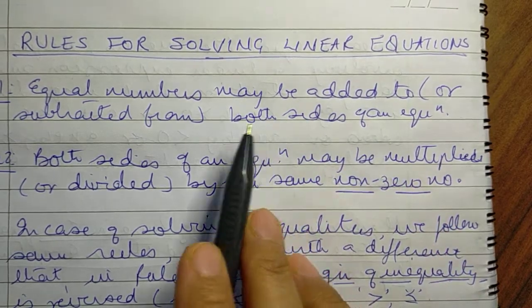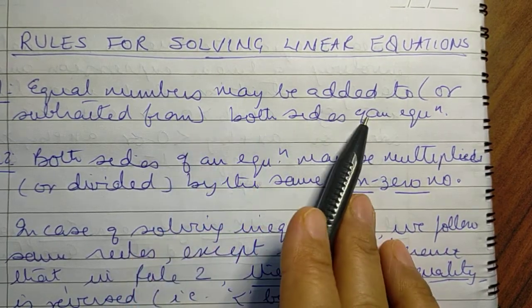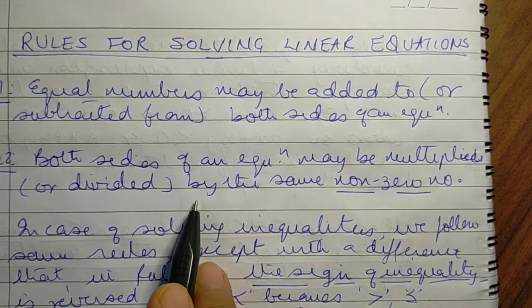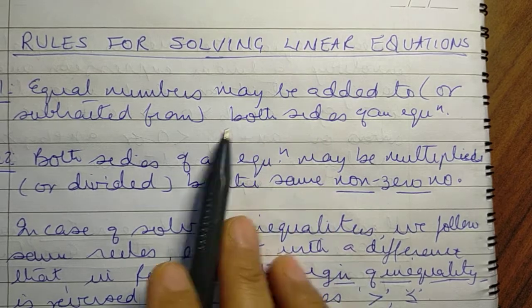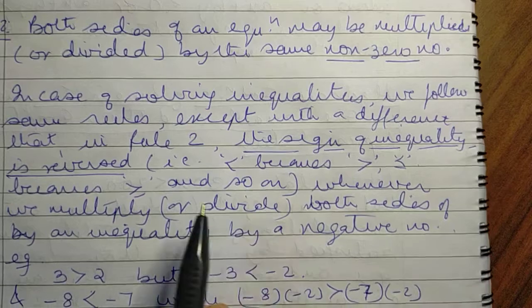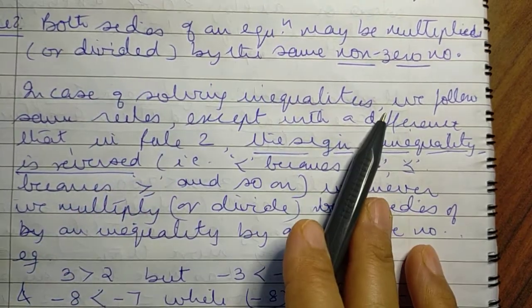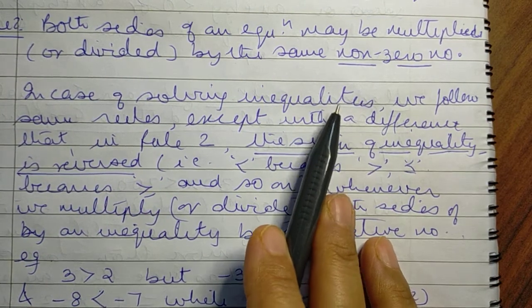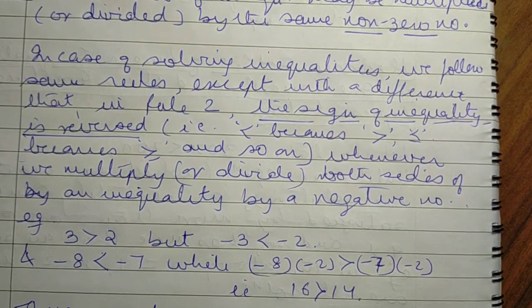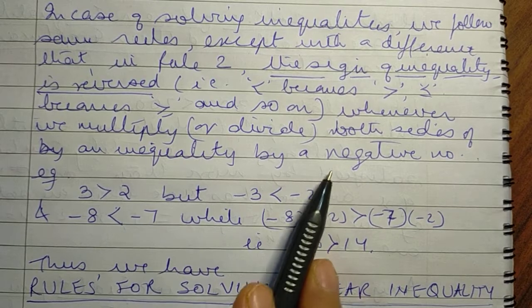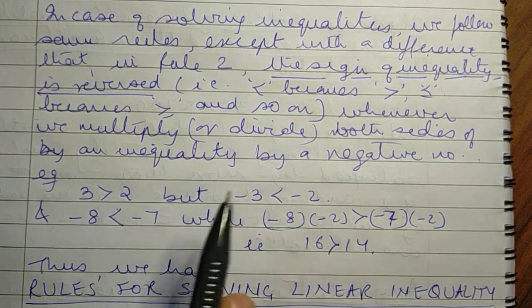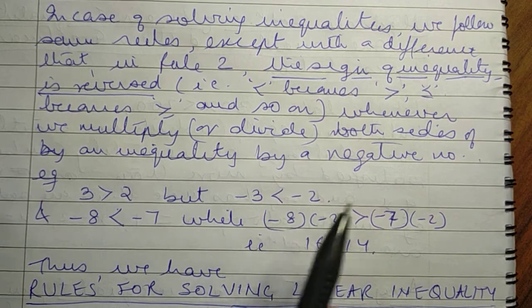And what does that mean? You can add the same number to both sides of an inequality, it remains the same. You can subtract the same number from both sides of the inequality, it remains the same. But when we are multiplying or dividing, then in case you are using a negative number, the sign of the inequality gets reversed, whereas when you are using a positive number, the inequality remains the same.